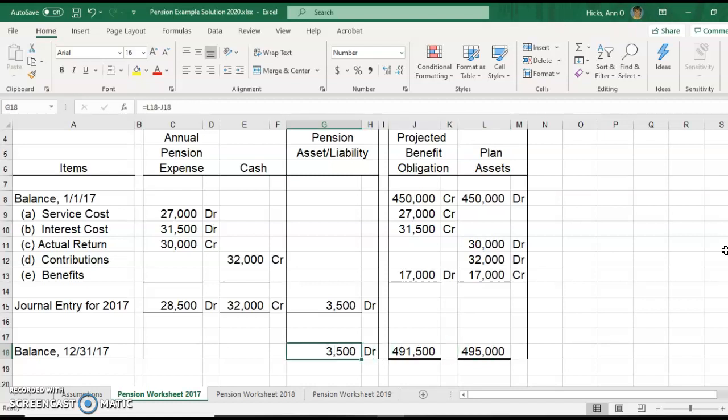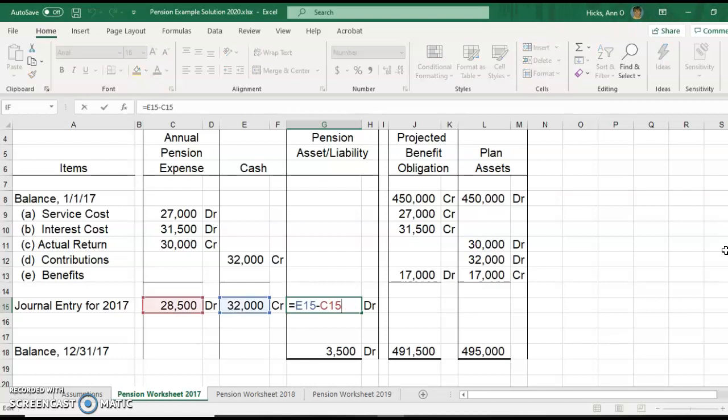We are now in an overfunded position. This number is merely the difference between the two. We have more in plan assets than we do in liability on the books of the plan. Therefore, we have a pension asset now on our own books.